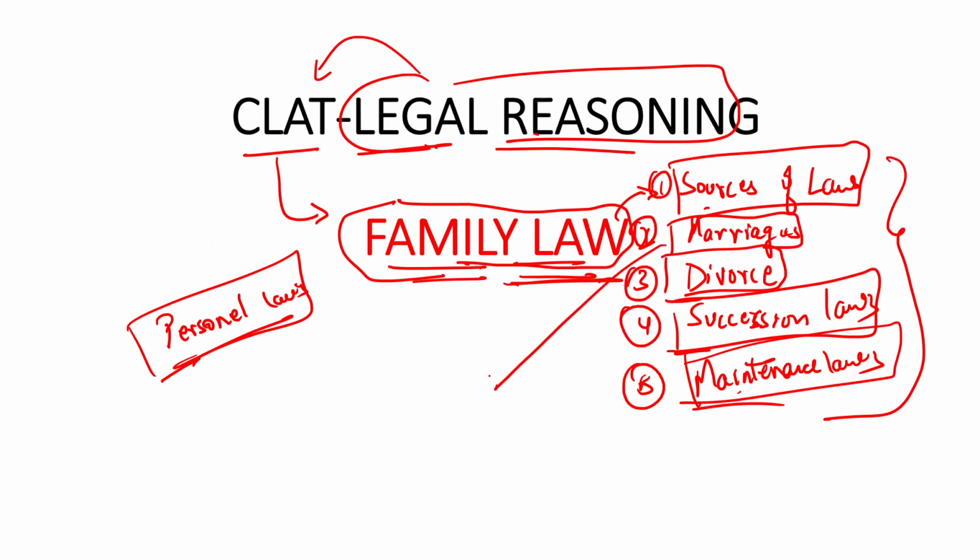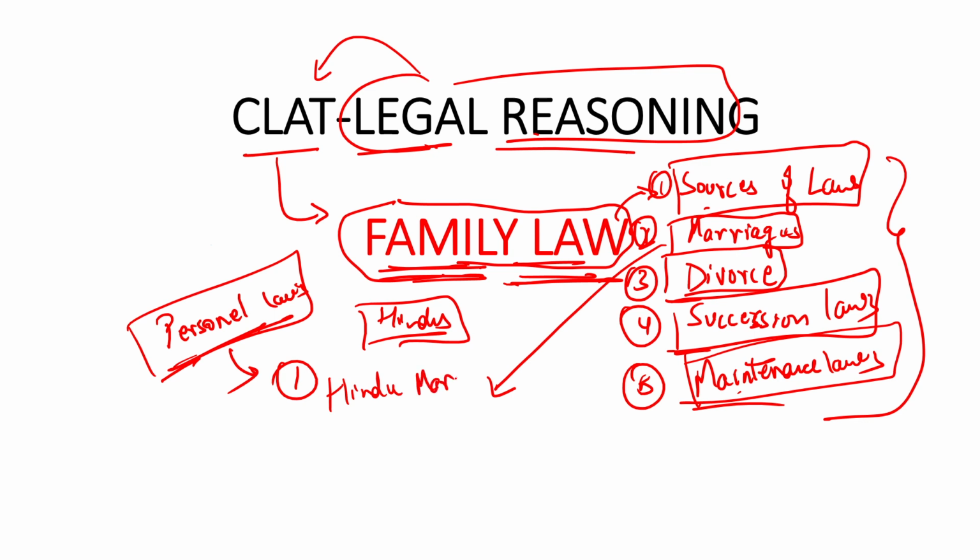Let's take the example of marriage. When we talk about personal laws of marriages under the family law for Hindus, the first law that governs the Hindus' marriages is the Hindu Marriage Act of 1955.